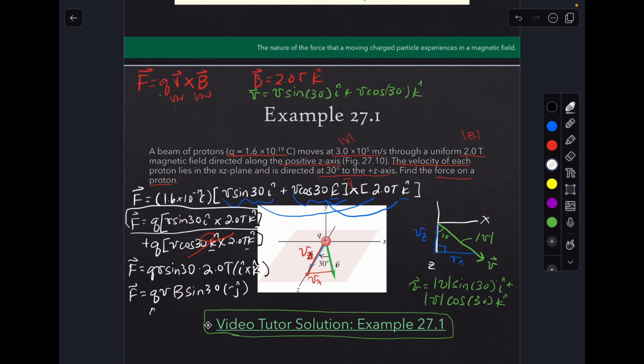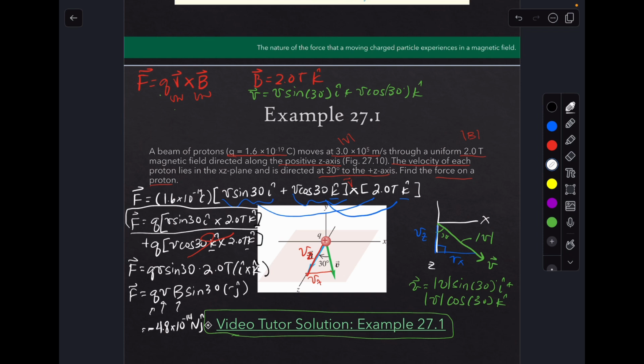Okay, so plug in those numbers and you should get negative 4.8 times 10 to the minus 14 newtons in the J hat direction.